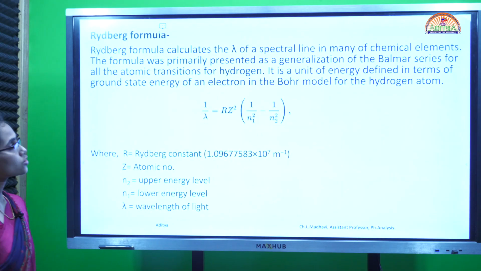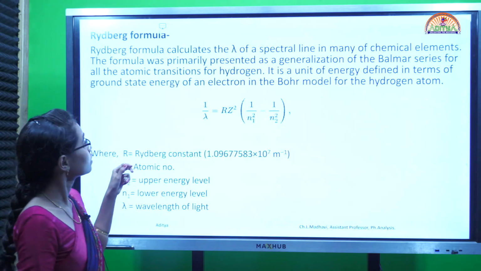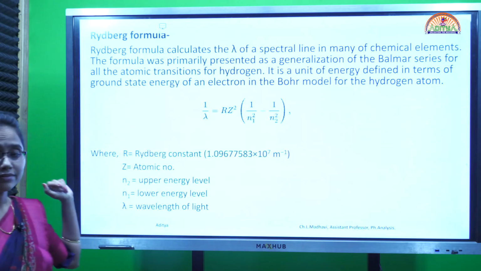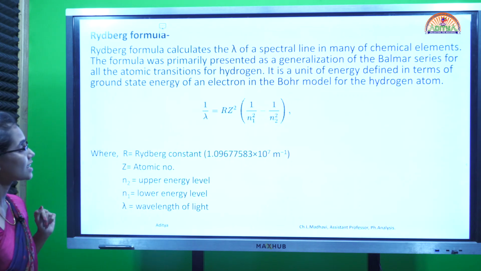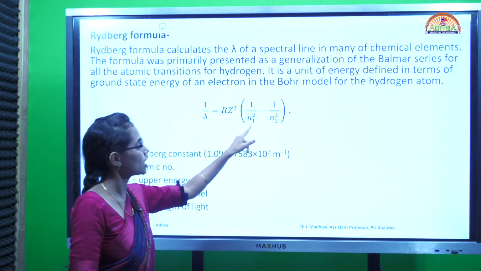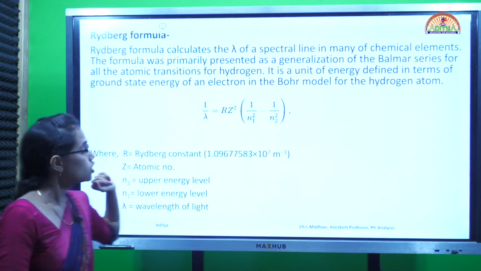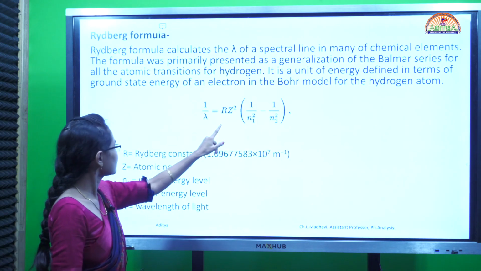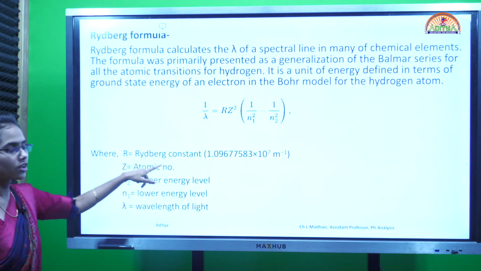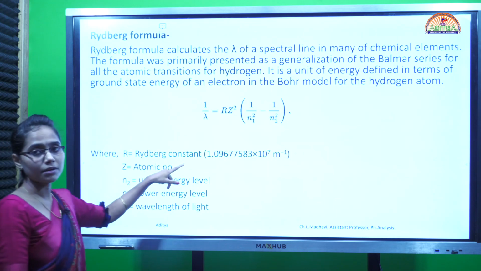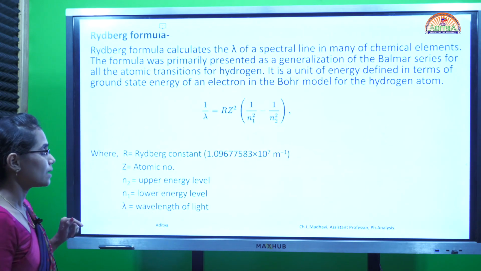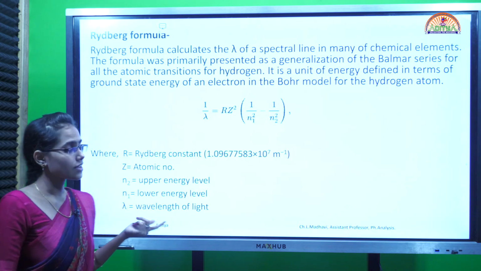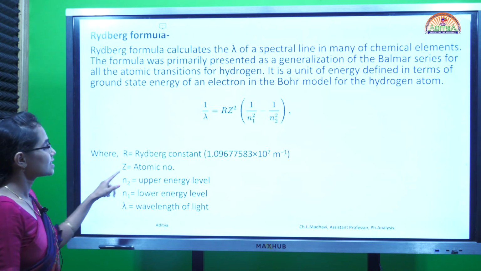For calculation of the wavelength of the atomic spectra, we have 1 by lambda equals R Z square into 1 by N1 square minus 1 by N2 square. Here R is nothing but the Rydberg constant, given by 1.096 into 10 power 7 meter inverse, where Z is the atomic number.